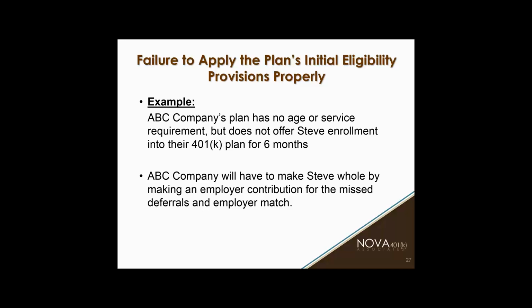If he should have been eligible on day one and you held him out for 6 months, you find out what the 6 months worth of pay is, and we'll have to figure out what deferral election he might have made or come up with a reasonable estimate based on what everybody else is doing. But the company's going to have to cough up money plus earnings for the missed contributions because he was delayed or held out of the plan too long.